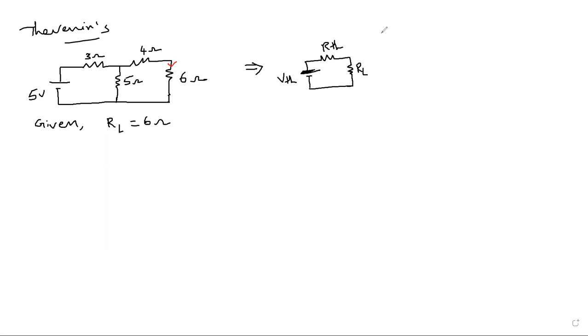This is your RL. But we have the value of RL as 6 ohms, but we don't know the values of VTH and RTH. So once we find out the VTH and RTH values, then we can calculate the current passing through your load resistor, nothing but the 6 ohm resistor.